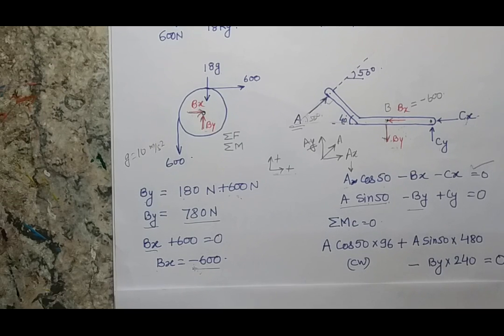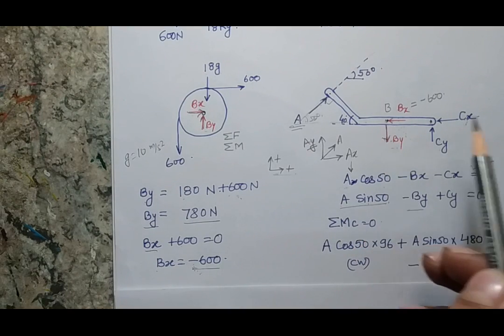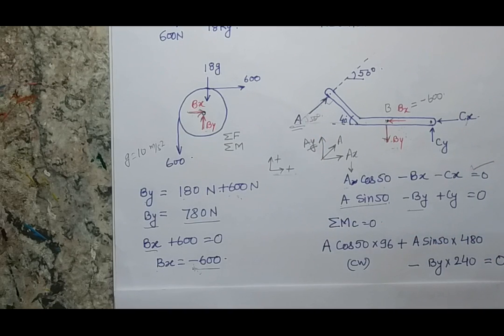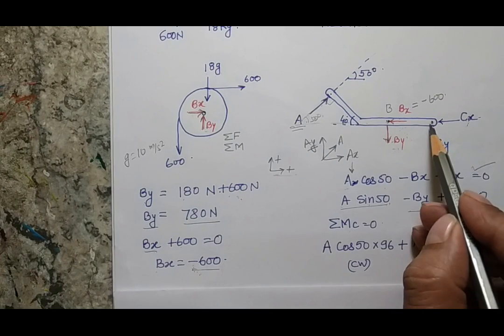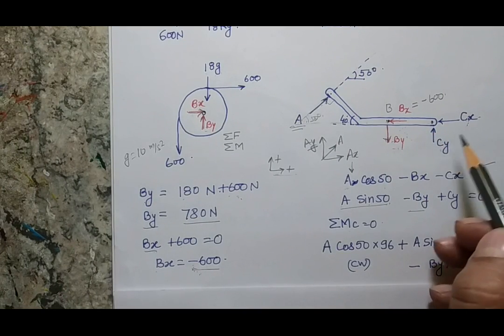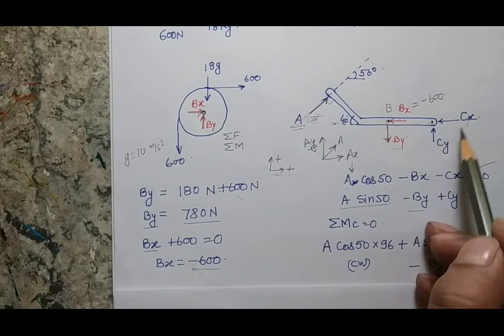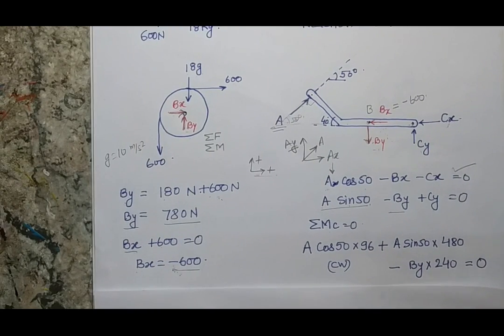Sometimes there are more unknowns, so what we do is take a point where the number of unknowns is more, so that if I take the point C, the effect of this Cx and Cy will be gone, because the moment of these forces will be 0 at this point. We'll see this in the next problem.